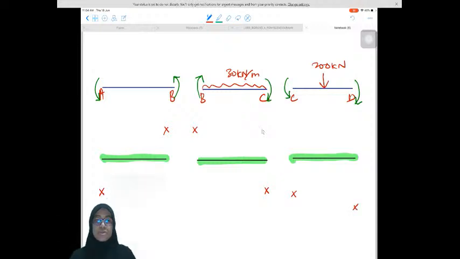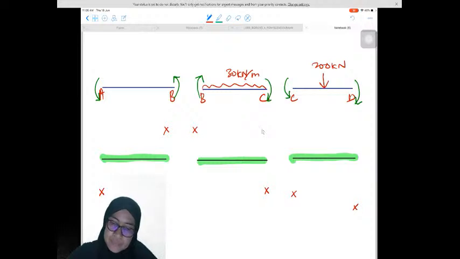So now we have the points of the bending moment diagram. What we need to do now is to join all these to draw the complete bending moment diagram for each member. We do it member by member, separately.